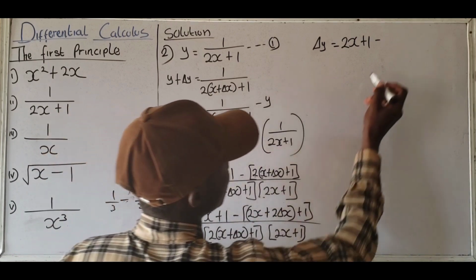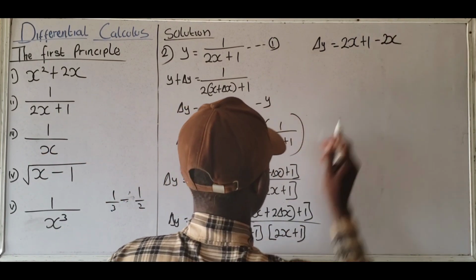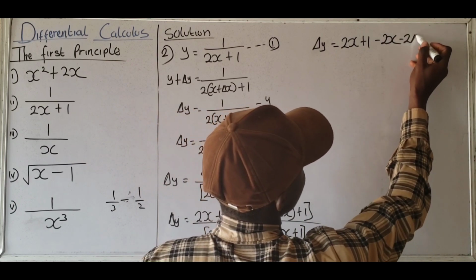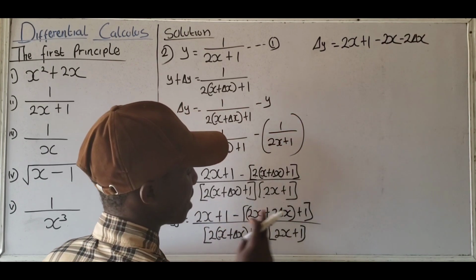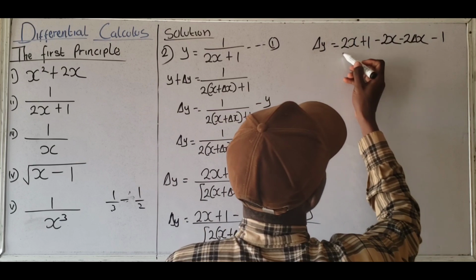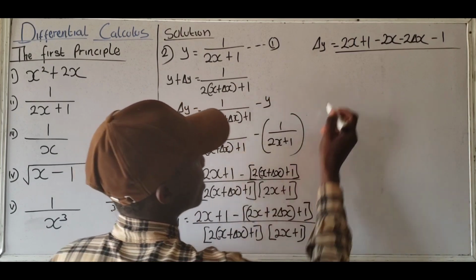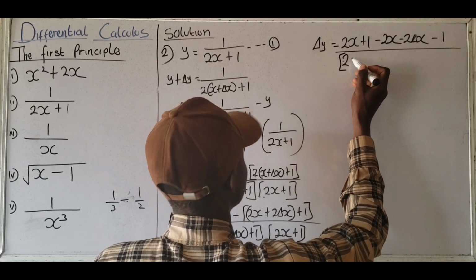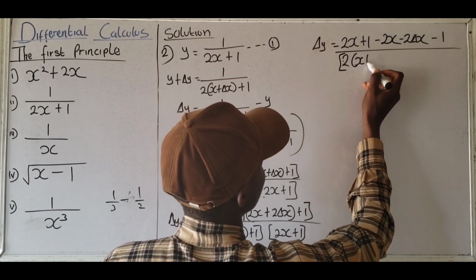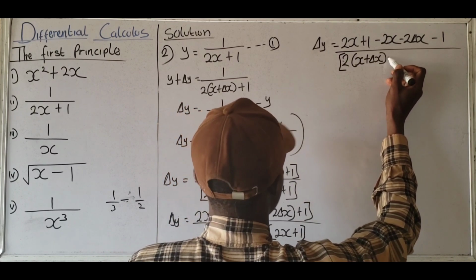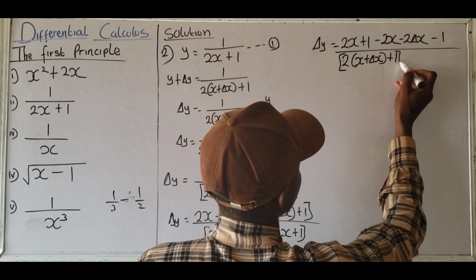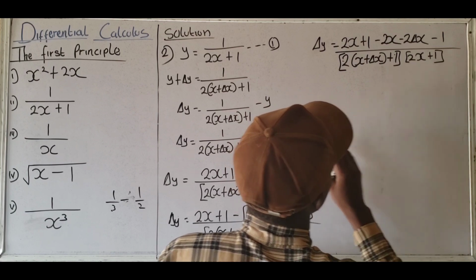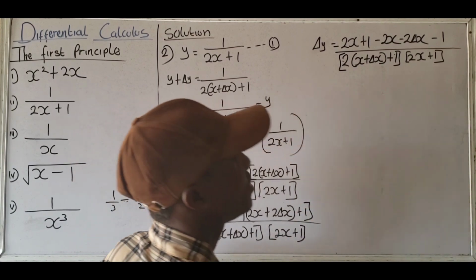Negative times 2x, that is negative 2x, minus times plus 2 delta x, that is negative 2 delta x, minus times plus 1, that is negative 1, all over, okay, just put the denominator, x plus delta x, 1, 2x plus 1, okay?